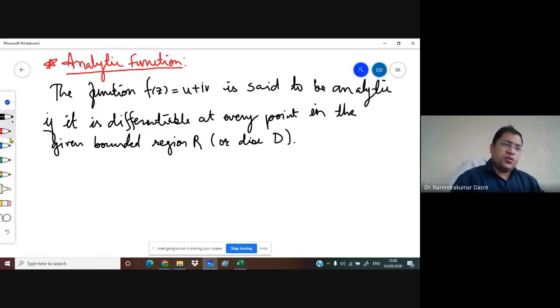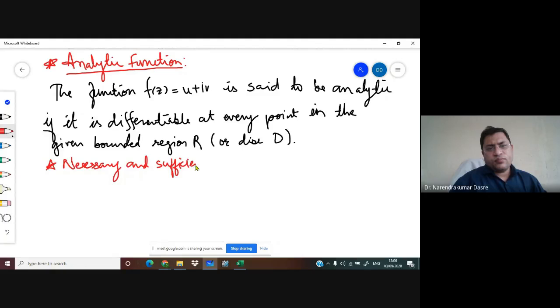Then we have seen the necessary and sufficient conditions. What are the necessary and sufficient conditions for a function to be analytic?